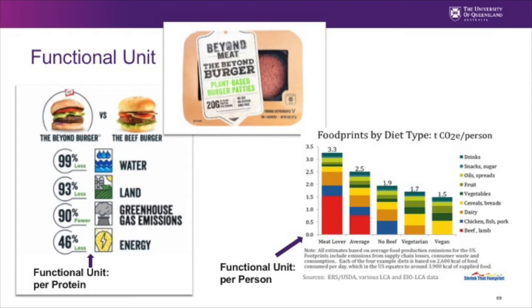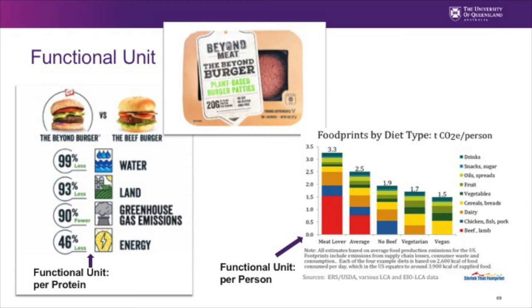On the other hand, we may want to have our functional unit in terms of per capita, and this is an example of footprints by diet type. The impact is again greenhouse gas emissions or global warming, and this is an equivalence of CO2 per person, tons of CO2 equivalent per person.